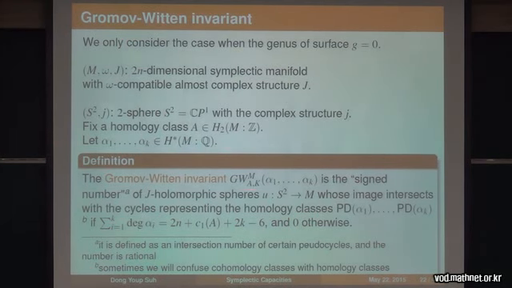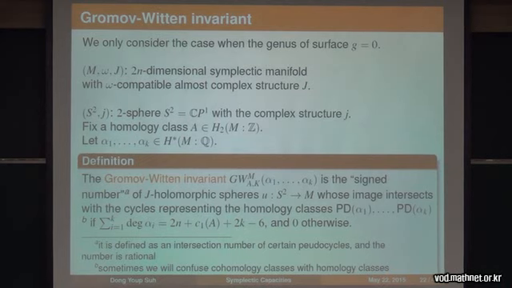The Gromov-Witten invariant roughly means the number of J-holomorphic spheres. So how many spheres can be mapped into the manifold J-holomorphically, such that they intersect these cohomology classes? What do I mean by cohomology classes? You think about the Poincare dual, which is a homology class.